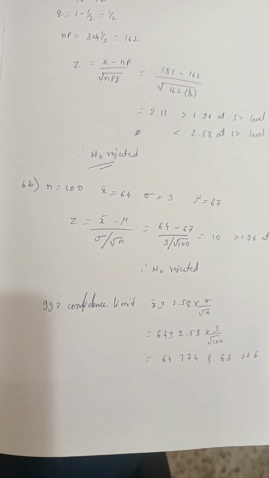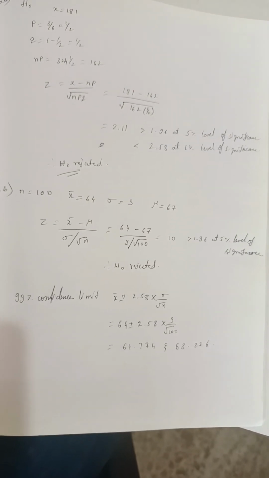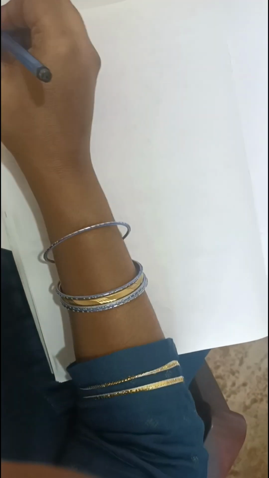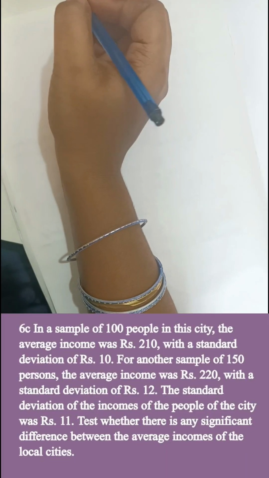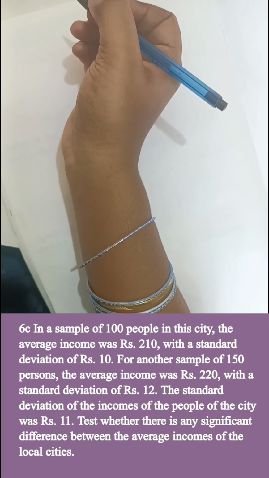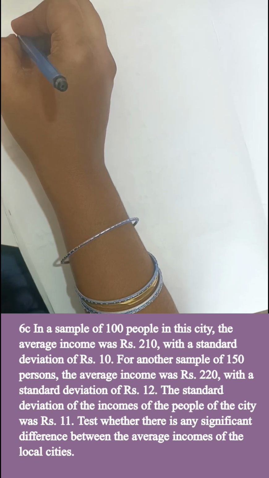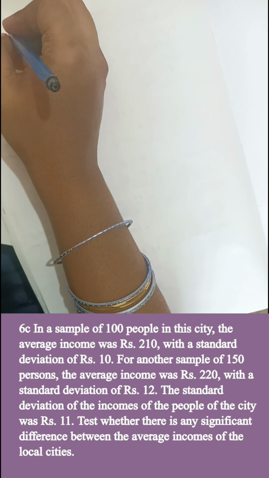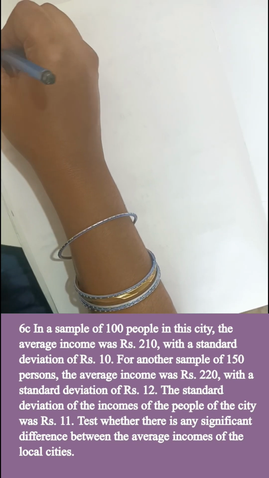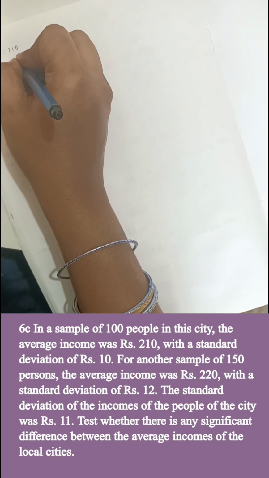Then next, 6C. In a sample of 100 people in this city, the average income was 210. Here we take average income x1 bar equals 210, n1 will be 100.